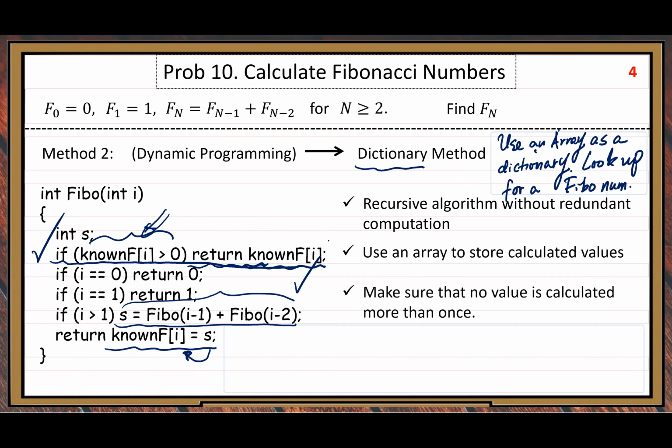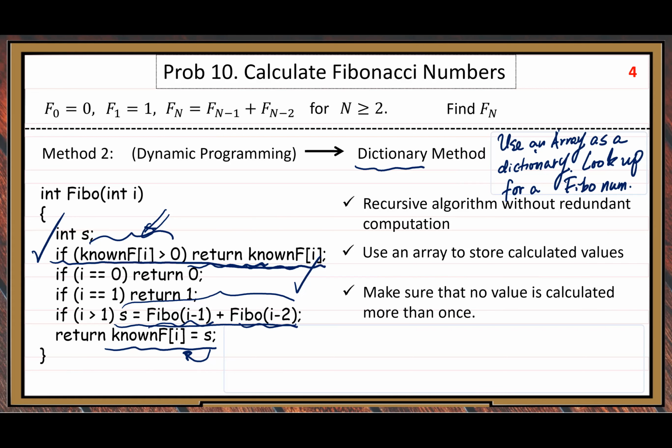But when we call the recursion, this recursive function may need to use the dictionary to return the known values. That's the way we avoid redundant calculation, because very likely these two numbers both come from the dictionary, not from repeated calculation.